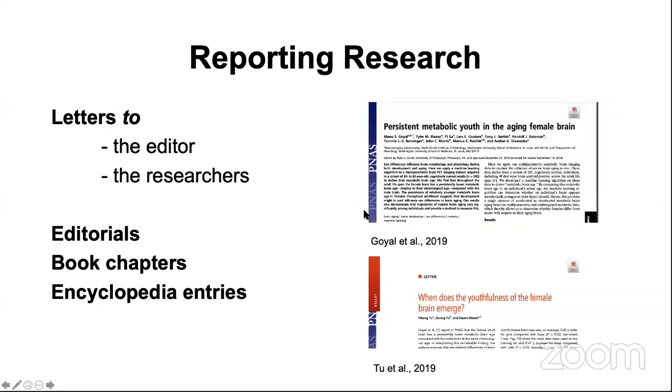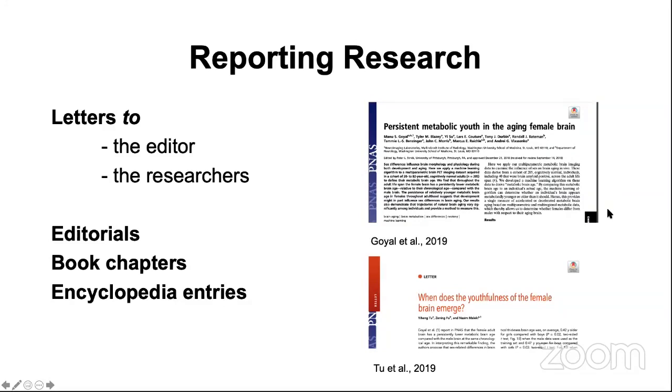However, other researchers, as they're reading through this paper, may start to raise some questions. They may ask, are there any problems with how you selected your sample? There may be other ways to understand your results in addition to saying that the female brain is younger.